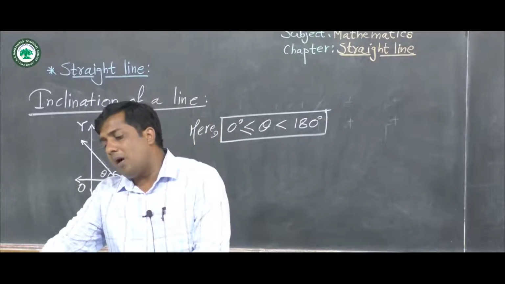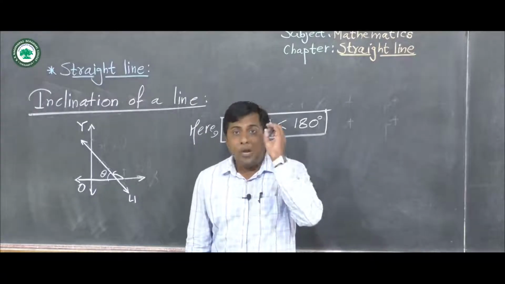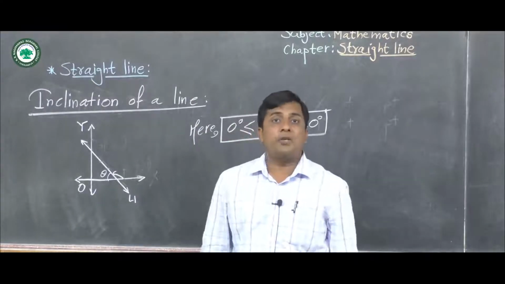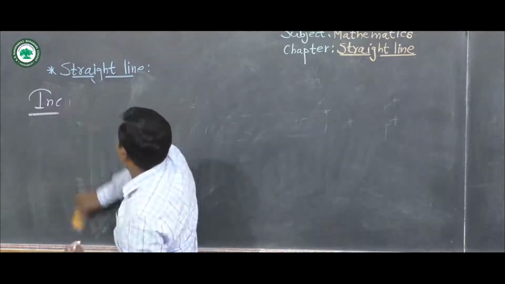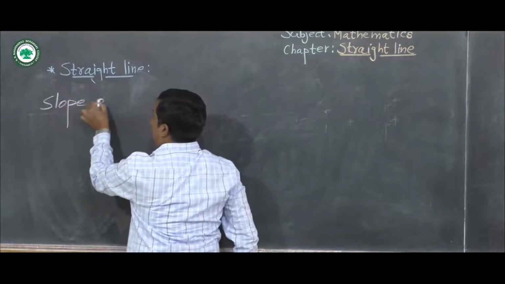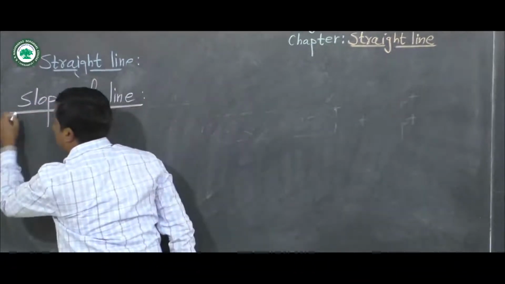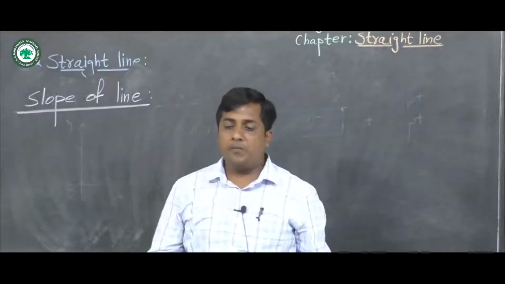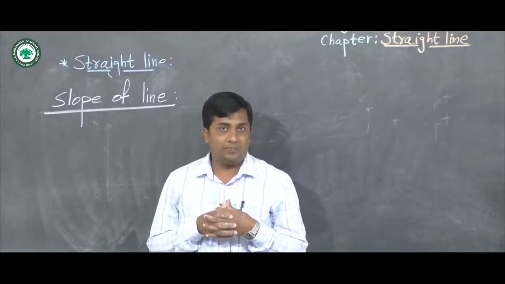Now we go with our next important definition, and in that we find the slope of a given line. Again, to define the slope of a given line, we consider the inclination of the given line.